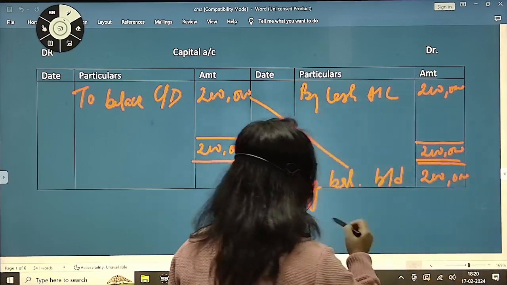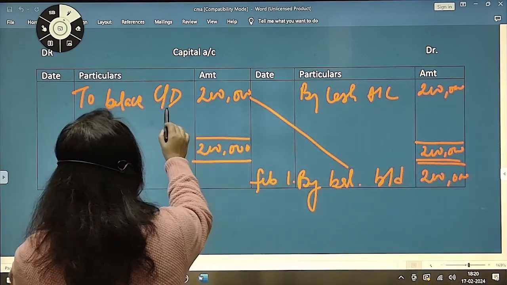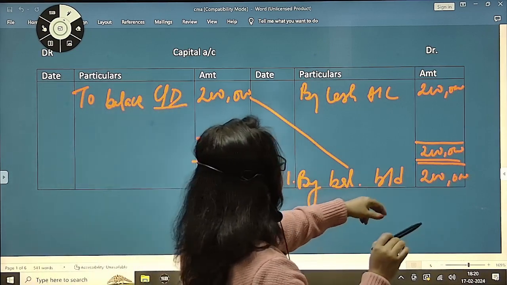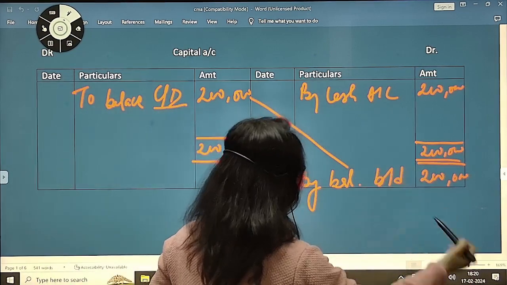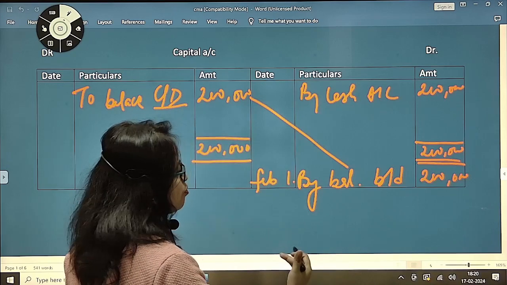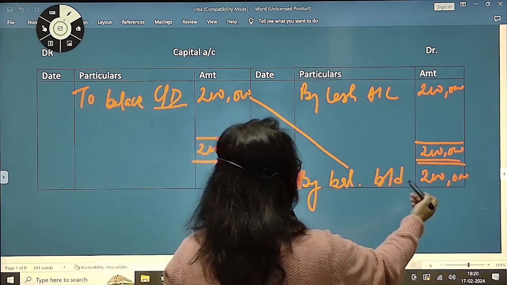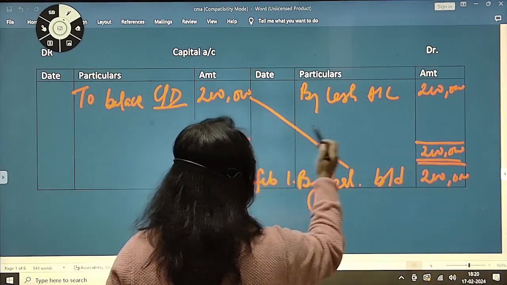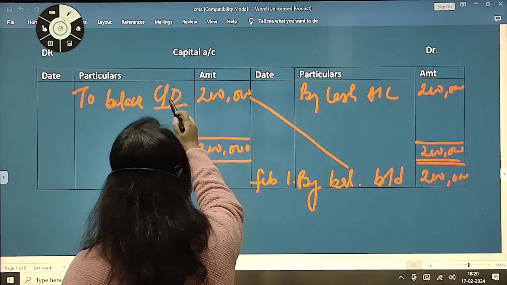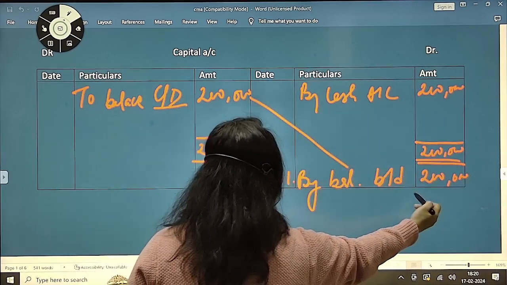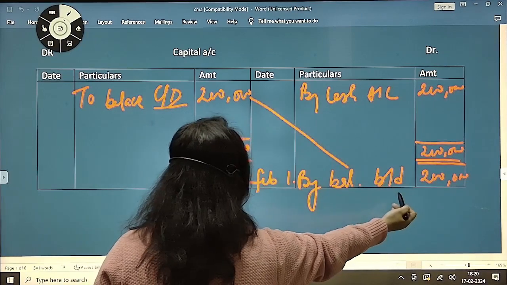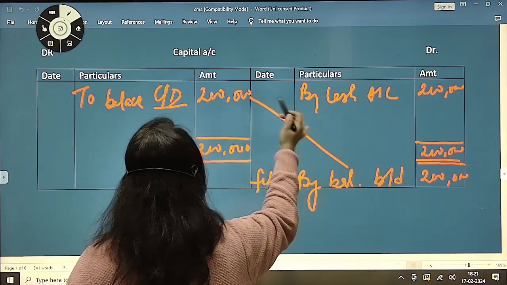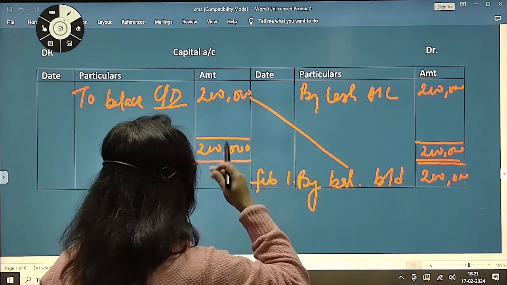CD is carried down and BD is brought down. So for the next month, the balance BD, that is the opening balance, is 2 lakh. So this is the way to do ledger posting.